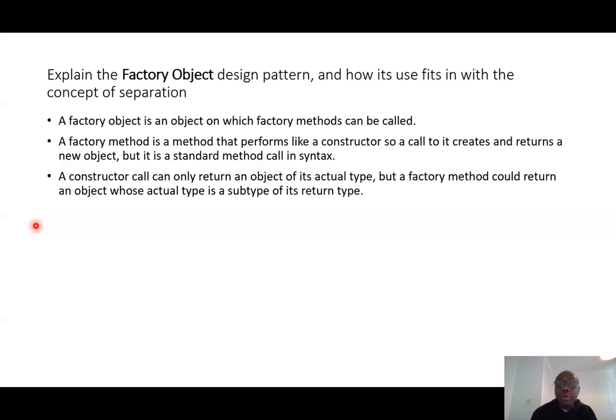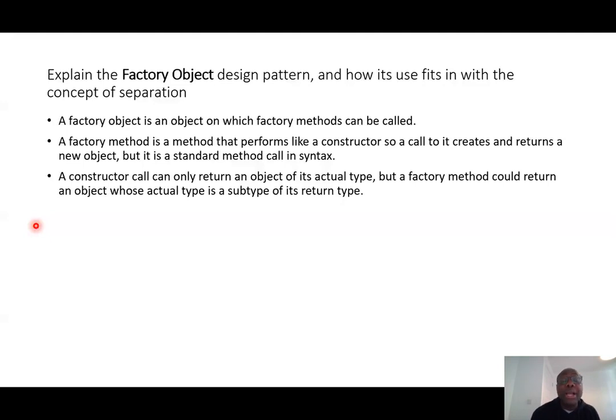But a factory method could return an object whose actual type is a subtype of its return type. So it means that we can have a class which extends another class, and then when you create a factory class of its superclass, you can now return it as the subclass type.